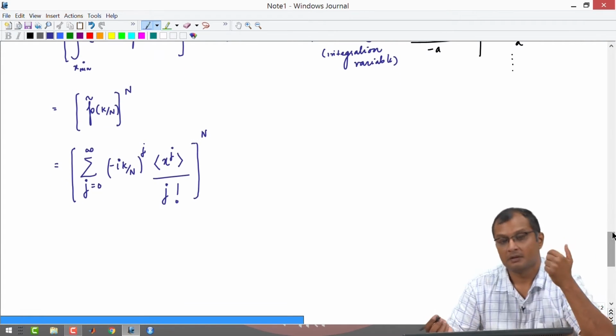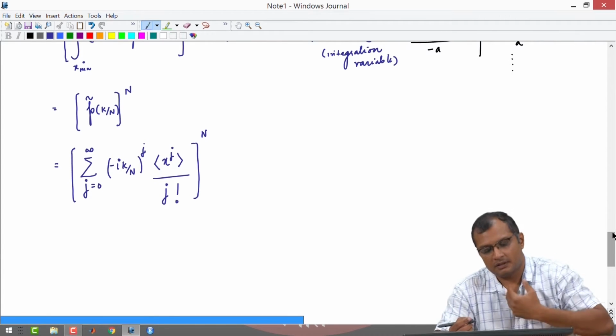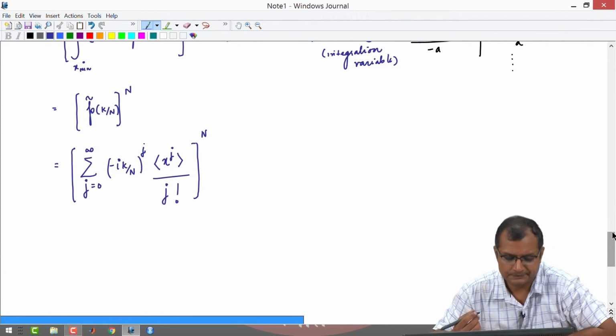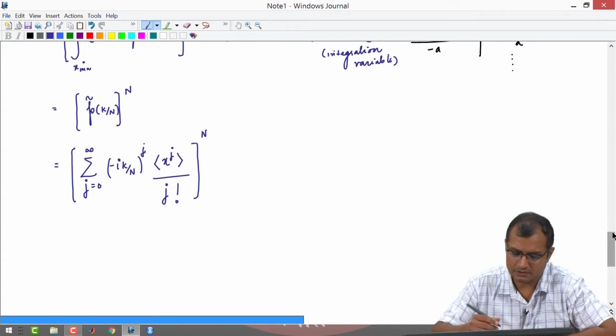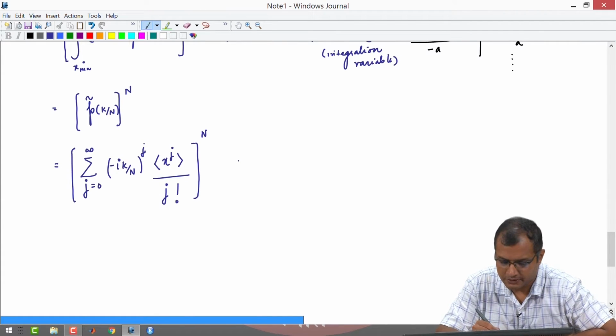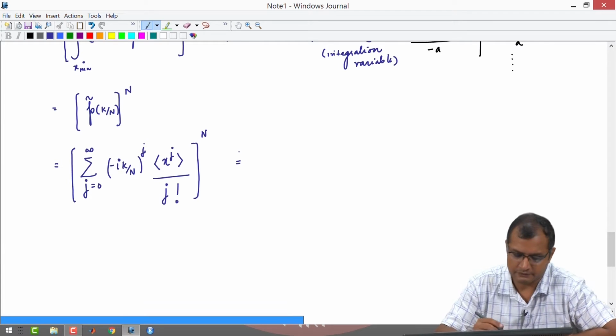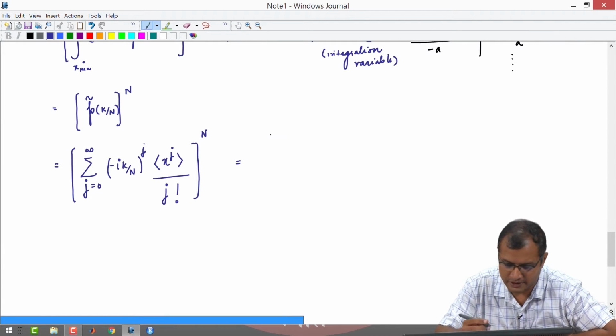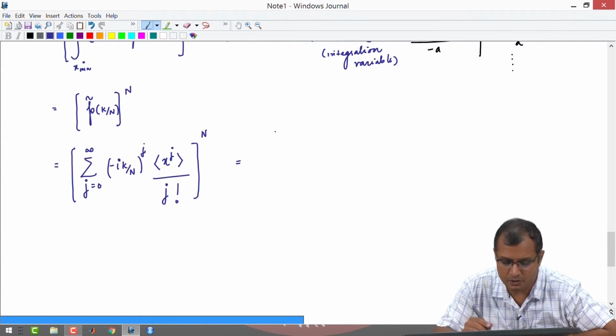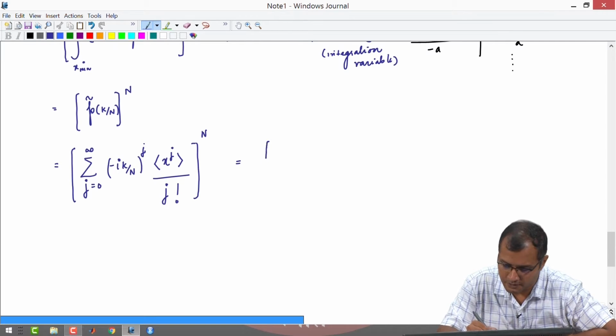Now, you can write down this summation for a few values. Let us say we write for j equal to 0, 1 and 2. For j equal to 0, you simply have 1.